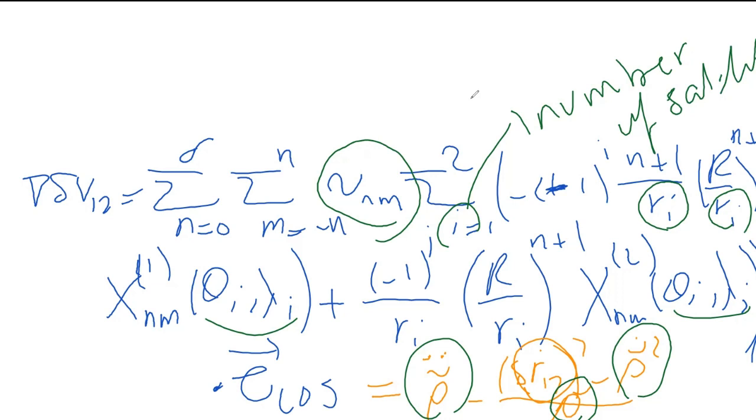This is an observation equation. We have V nm as unknown parameters on one side, and we can create a system of equations having this parameter as unknown, and this one on the right-hand side as the measurement parameter.